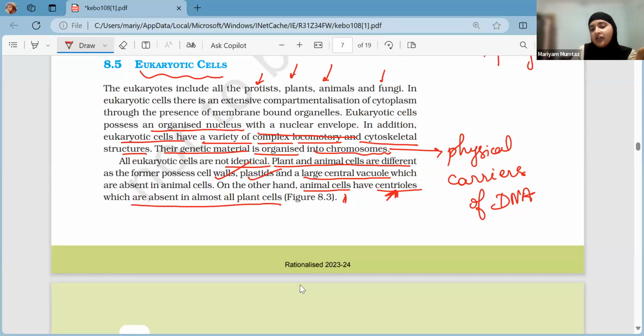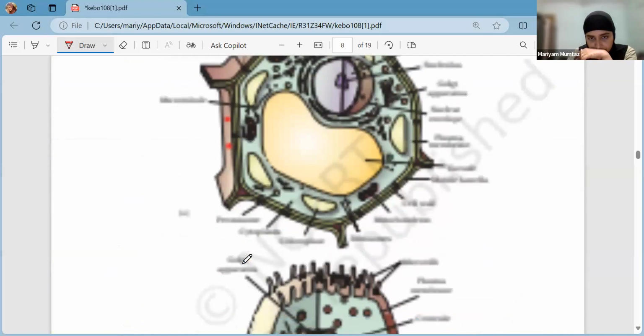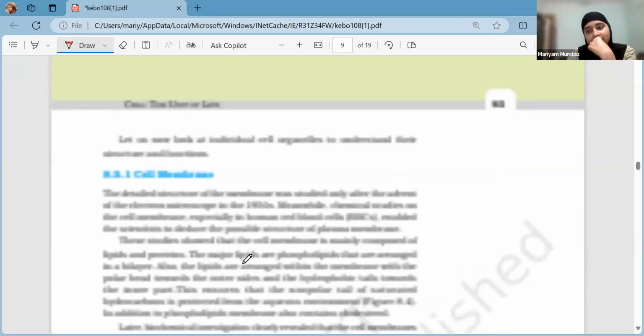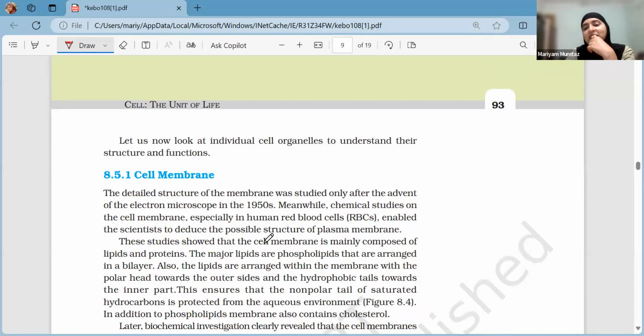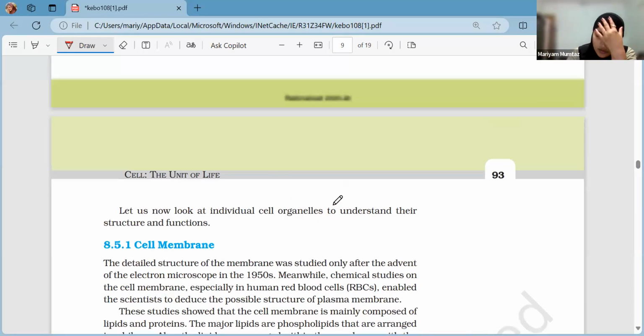Centriole is membrane bound or non-membrane bound? Centrioles are non-membrane bound.